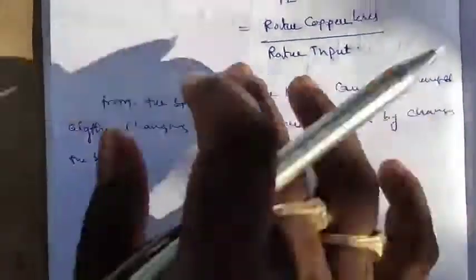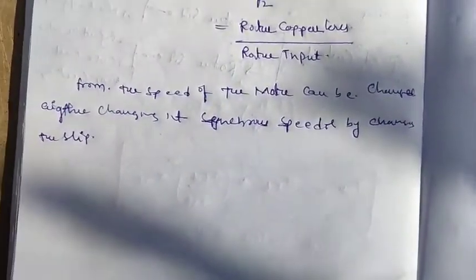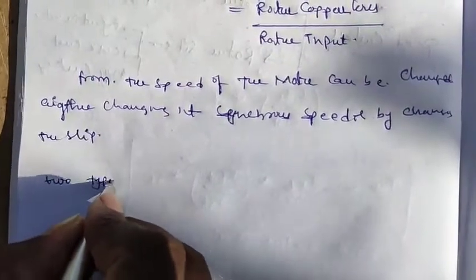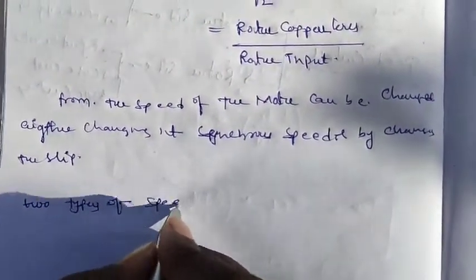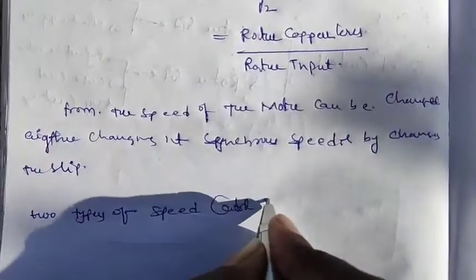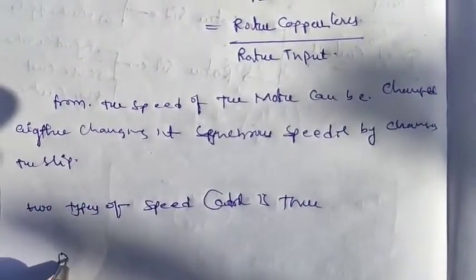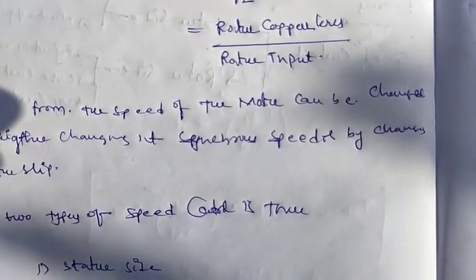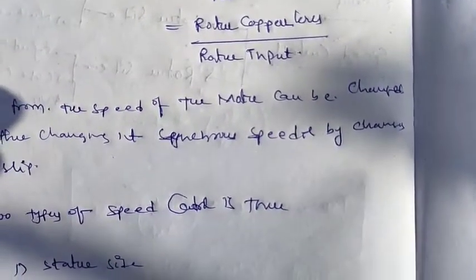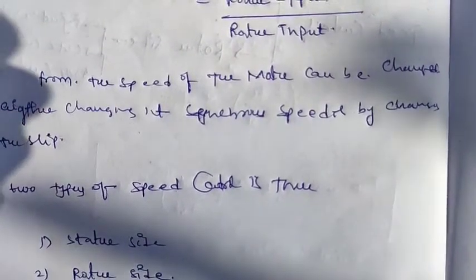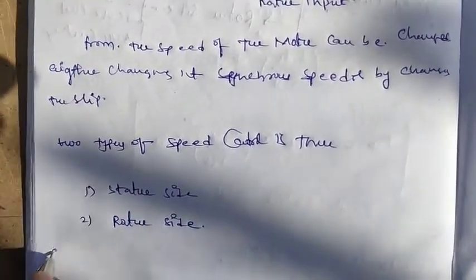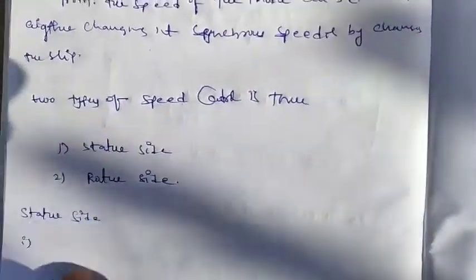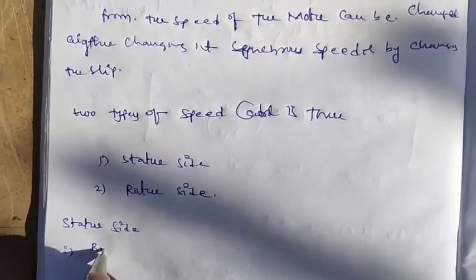So in this, two types of speed control are there. One is from the stator side, another is from the rotor side. From the stator side, first one is by changing the supply voltage.